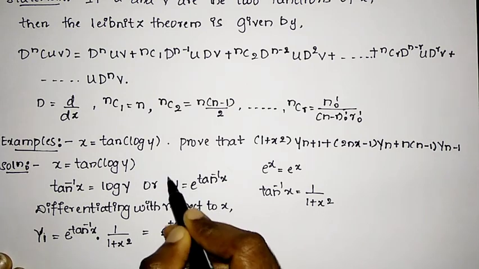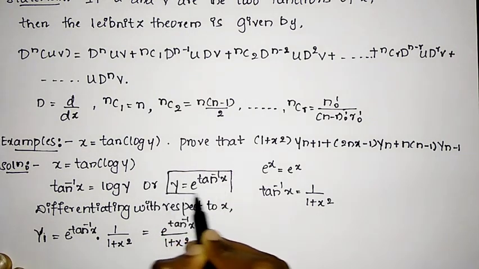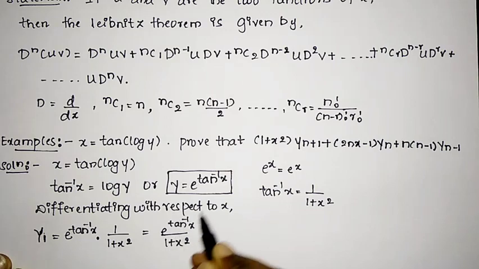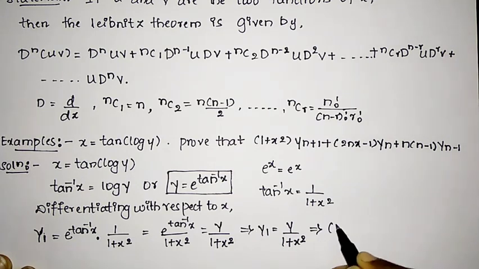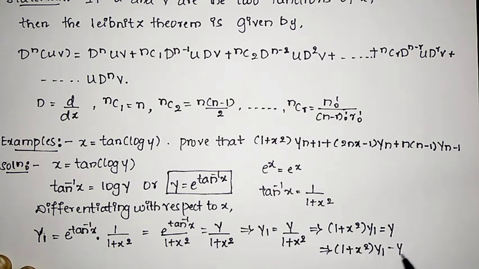We know that y is equal to e raised to tan inverse x. So just replace e raised to tan inverse x by y divided by 1 plus x square. Now this is in the form y1 is equal to y by 1 plus x square. Shift 1 plus x square to the left hand side: 1 plus x square into y1 is equal to y, that is 1 plus x square into y1 minus y is equal to 0.